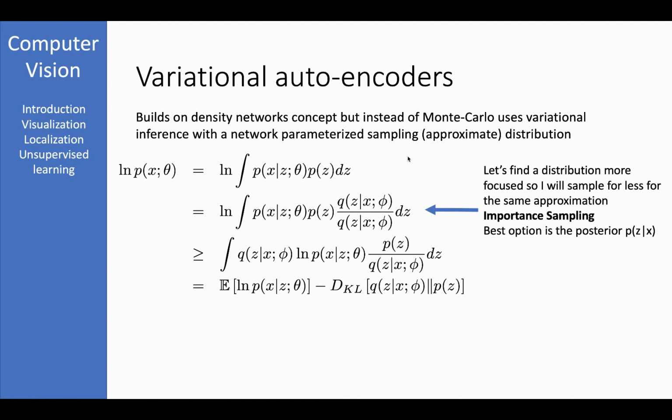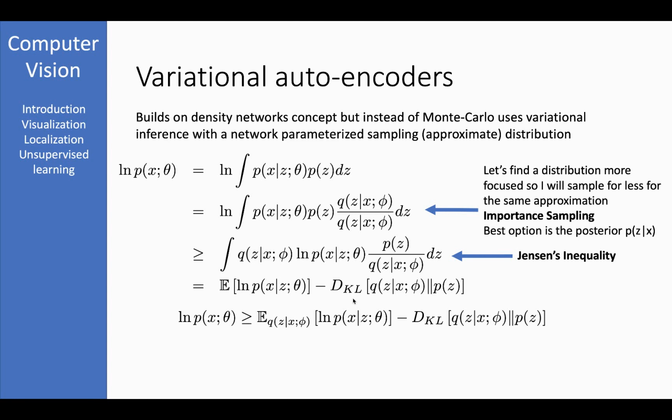Now, the best option would be the posterior distribution to plug here, but we don't have access to the posterior distribution P(z given x), so instead, we approximate the posterior distribution with another one, the Q function. Jensen's inequality says that I can take this logarithm inside the integral after some manipulation for concave functions, so the equality turns into an inequality. This gives me two terms. One of them is the expected value of the likelihood for a given Z, and the other is the KL divergence between the prior distribution in the latent space and the posterior distribution that I approximate.